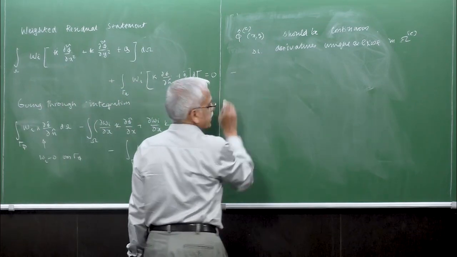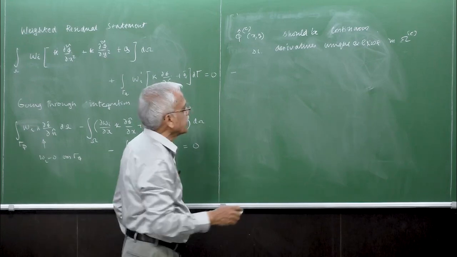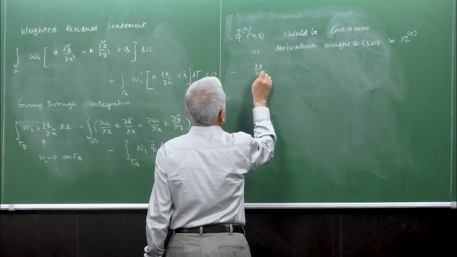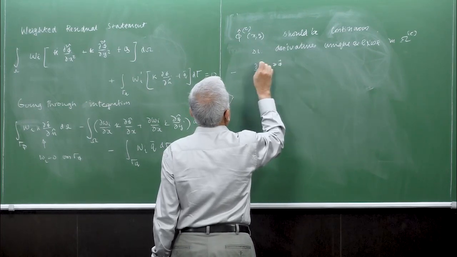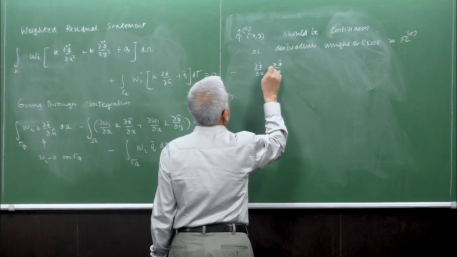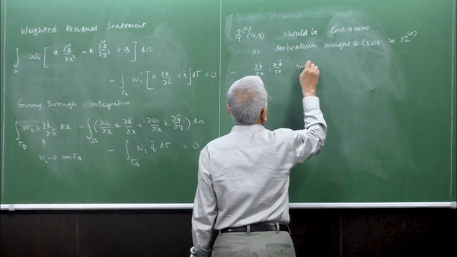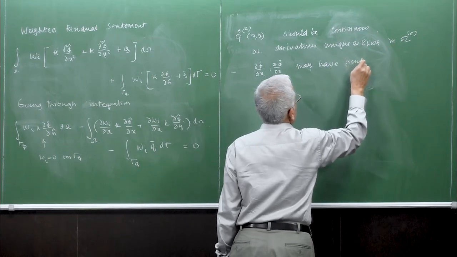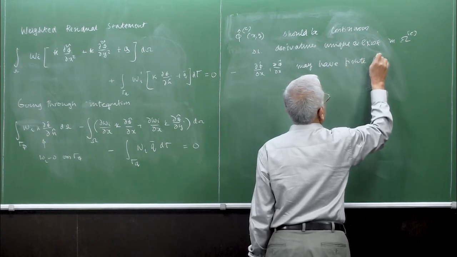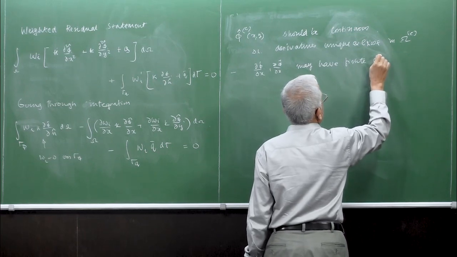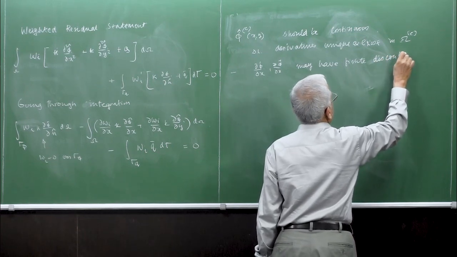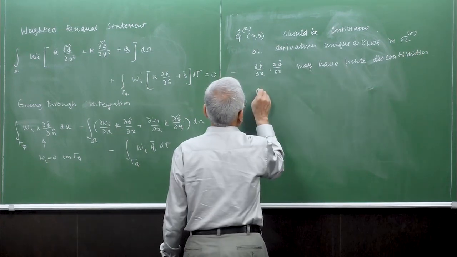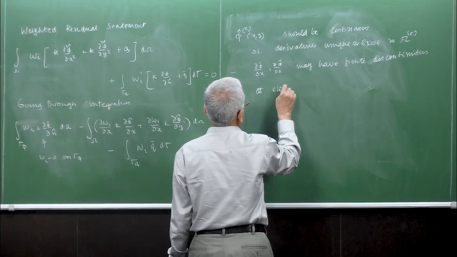And the other one is that if they have discontinuity, so dou phi by dou x may have finite discontinuities at element boundary.